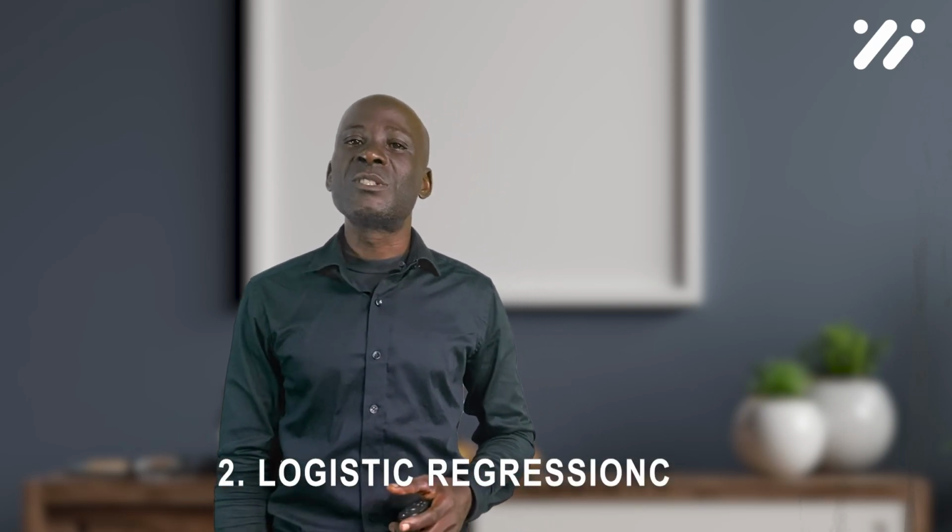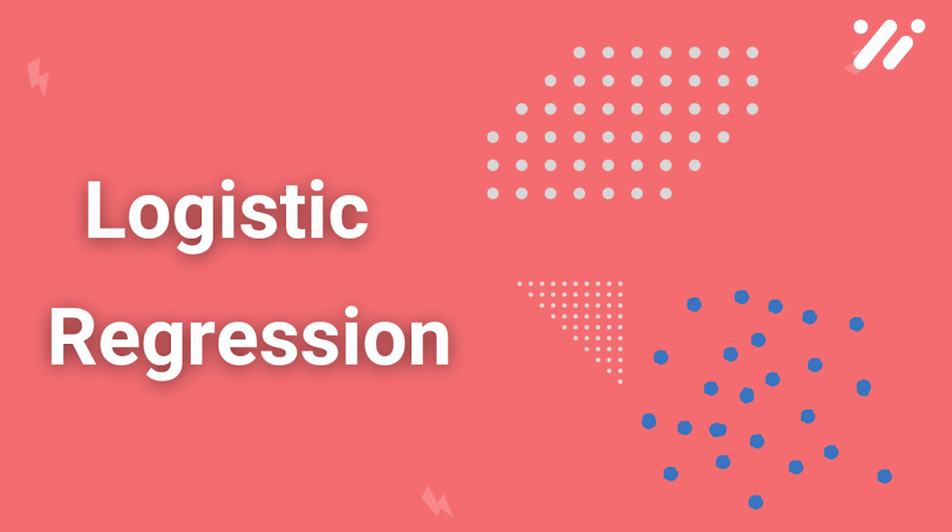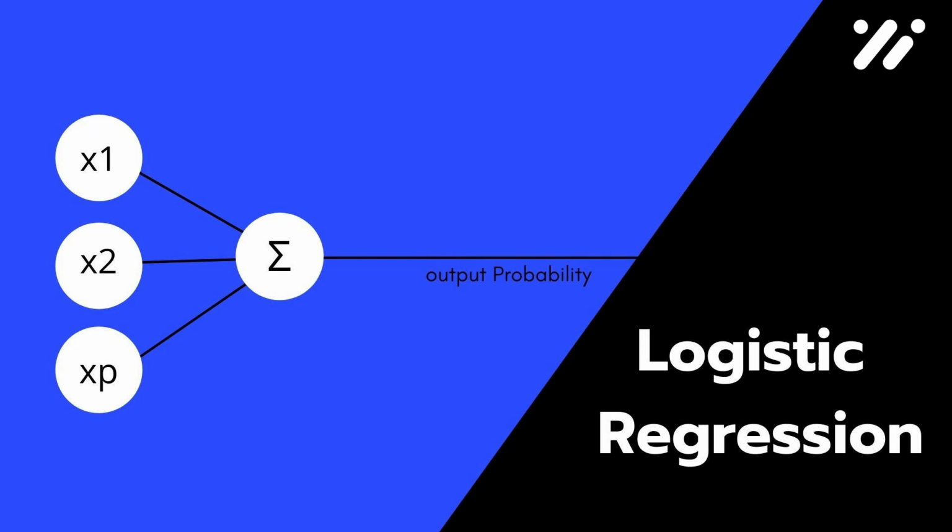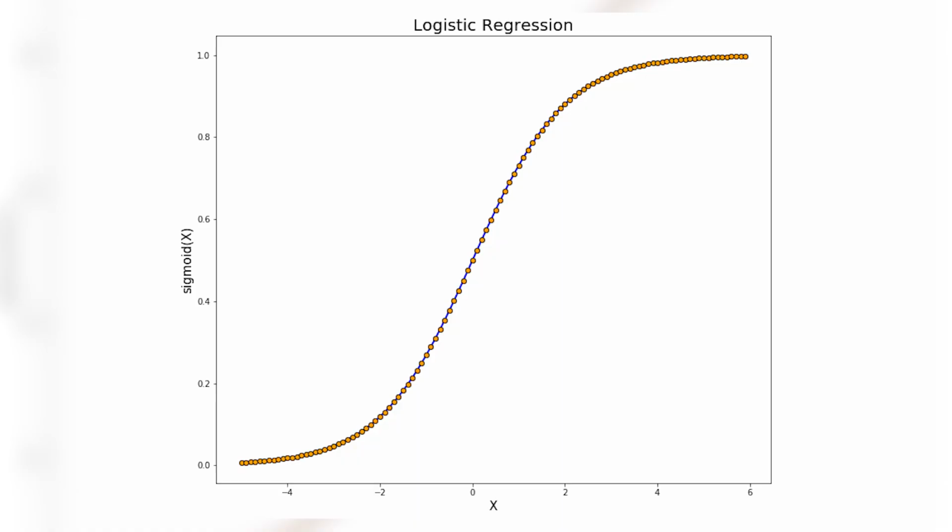Another supervised learning algorithm is logistic regression. Now, what is logistic regression? Logistic regression is a supervised learning algorithm used for binary. It's also a regression, but the task here is for binary or multi-class classification task. So, in other words, logistic regression is for classification problems.